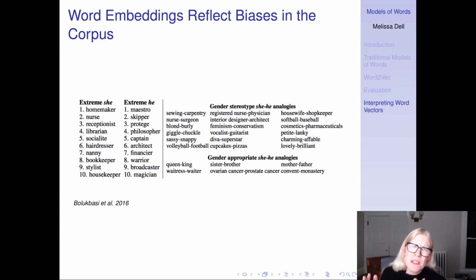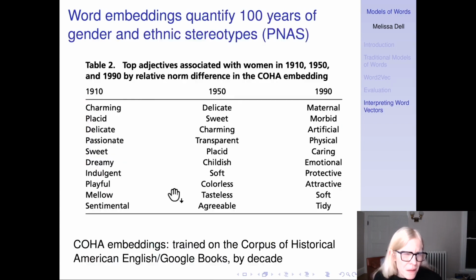For example, it's looking at vectors that are very similar to she relative to he, that represent different occupations. And so you can see things like homemaker, nurse, receptionist, librarian, socialite, etc. They also look at gender stereotypes and she-he analogies when the word embedding model is trained on this corpus. And you can definitely see stereotypes there.